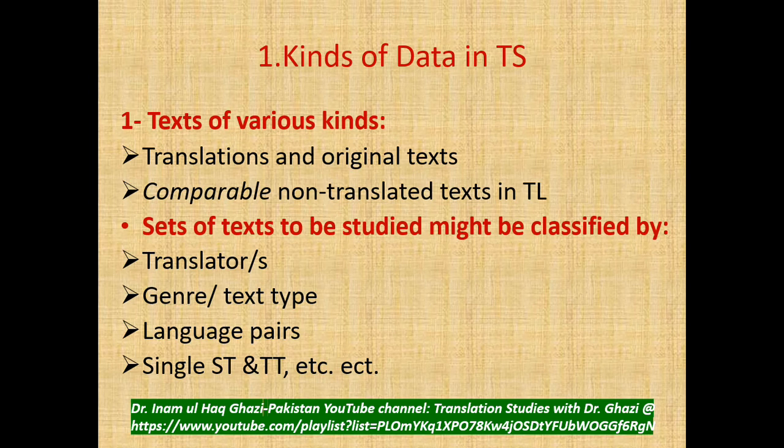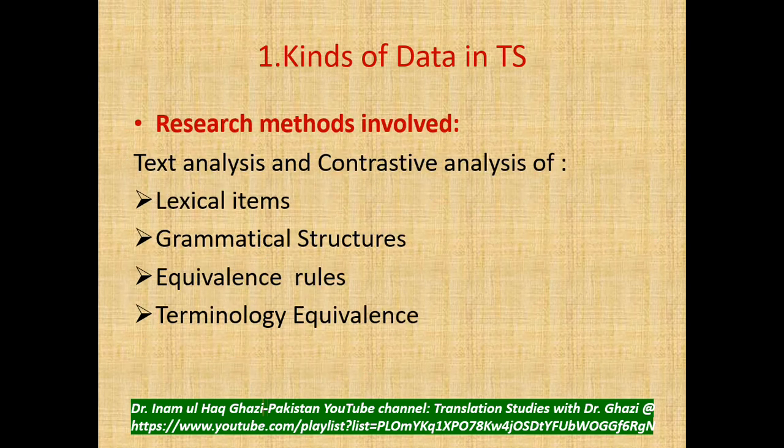So what we need to understand is that texts of various kinds can also be classified according to different dimensions. Research methods involved are text analysis and contrastive analysis of lexical items. So techniques of text analysis and contrastive analysis can be used.